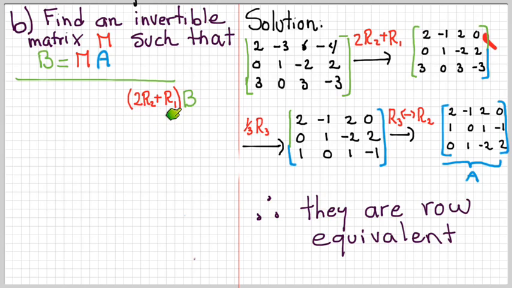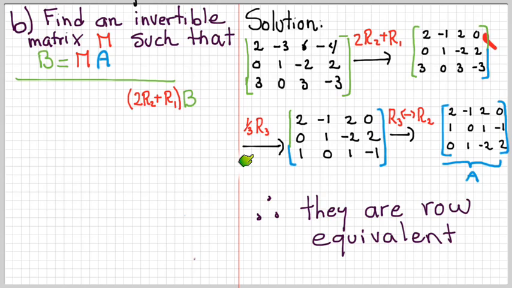So applying an elementary row operation is equivalent to multiplying my matrix on the left by this elementary matrix. Since I applied this operation first, I multiply first by this matrix. The second operation that I have is multiplying row 3 by 1/3.